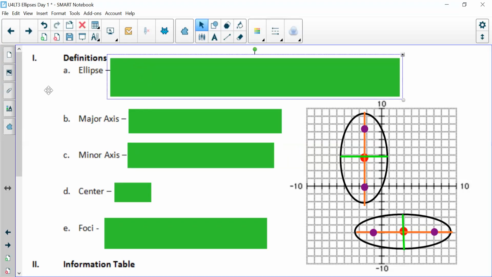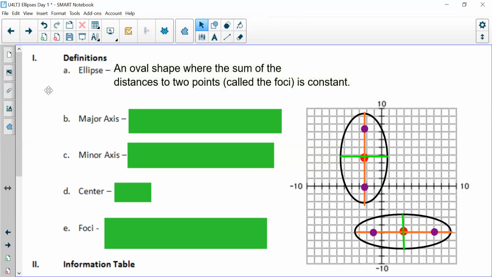So an ellipse, this definition is not going to be satisfying to you at all, but it's basically an oval shape, where for all the points on the ellipse, if you just pick a random point and take the distance from that point to one focus and then add it to the distance to the other focus, you would get a number, right? This distance plus this distance.